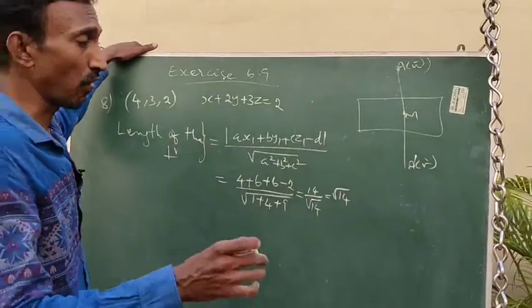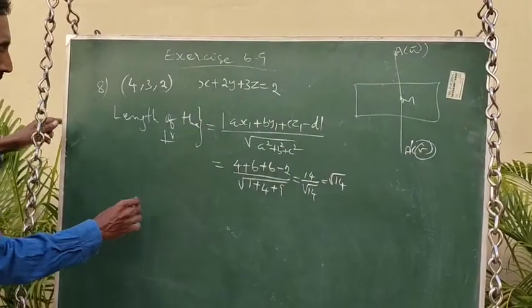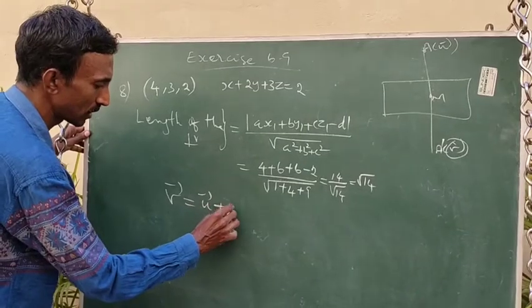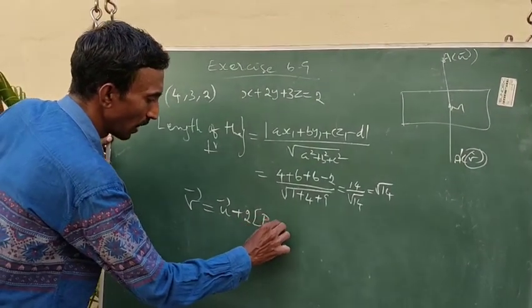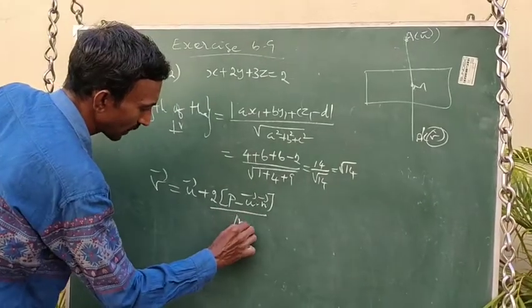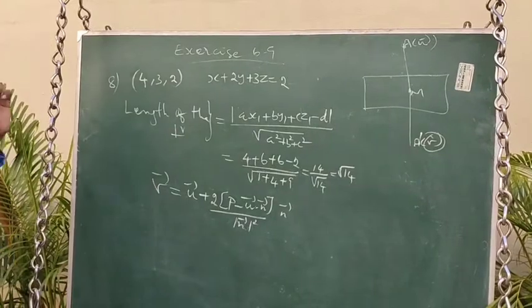So first we find the position vector of the image, the v vector, which is given by the formula u vector plus 2 into p minus u dot n by magnitude of n vector square into n vector. This is the formula.